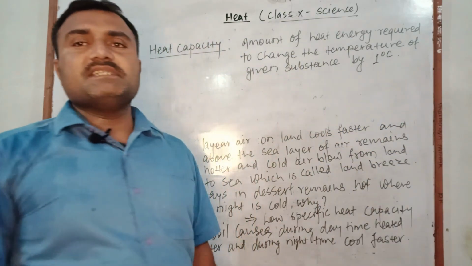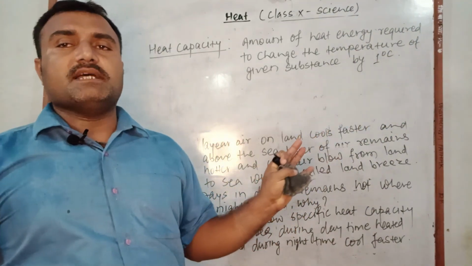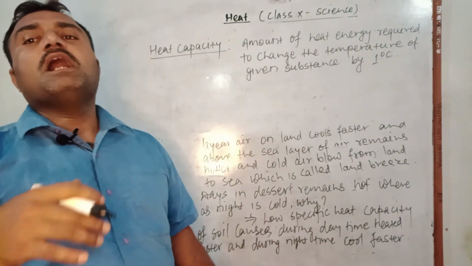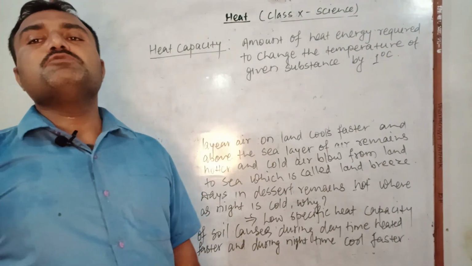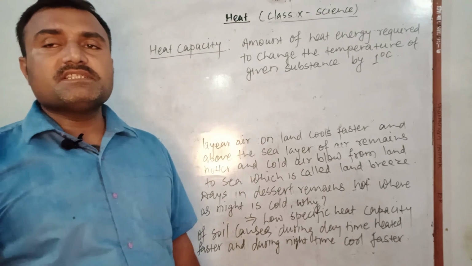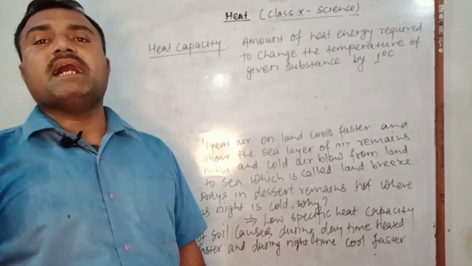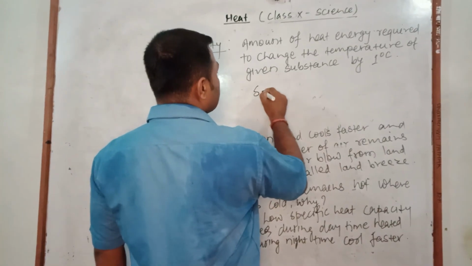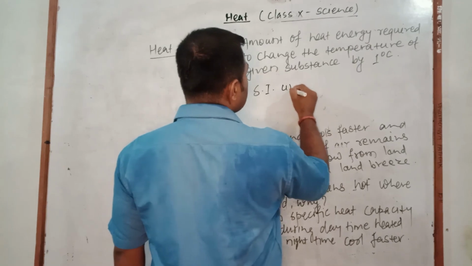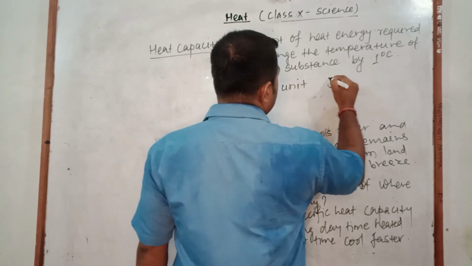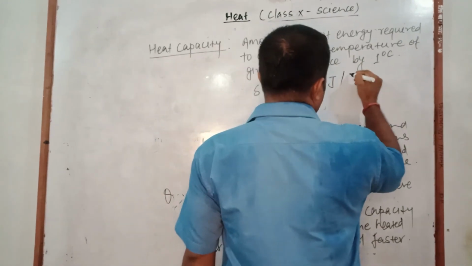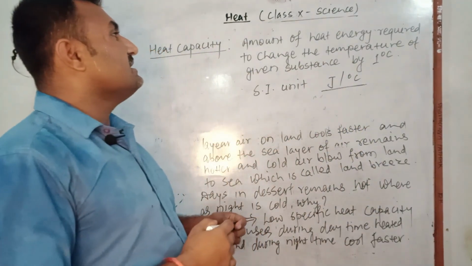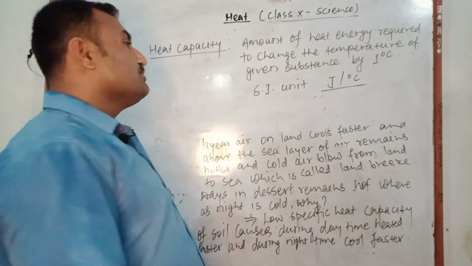Here heat capacity is independent of the mass. How much is the mass doesn't matter. How much heat energy is needed to change the temperature of a given substance by 1 degree Celsius is called heat capacity, and the SI unit is joule per degree Celsius.